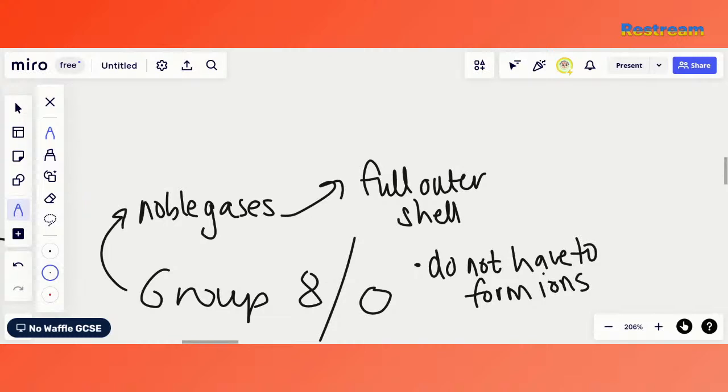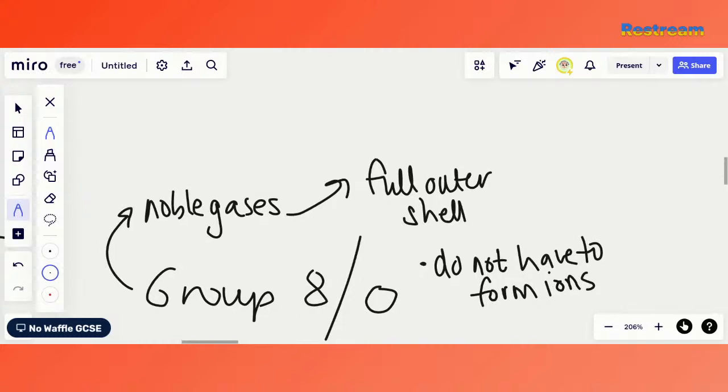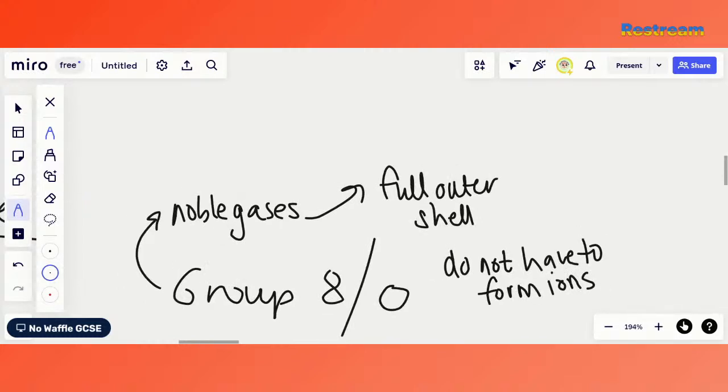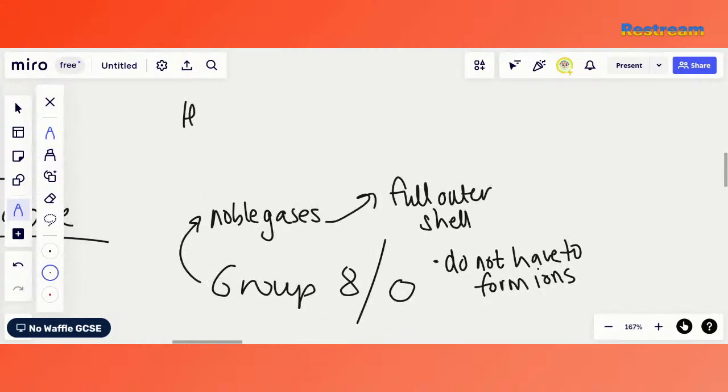Now, they still have properties such as the boiling point increases as you move down the group, and there's more electrons as you move down the group. So we see helium, neon, argon, krypton.